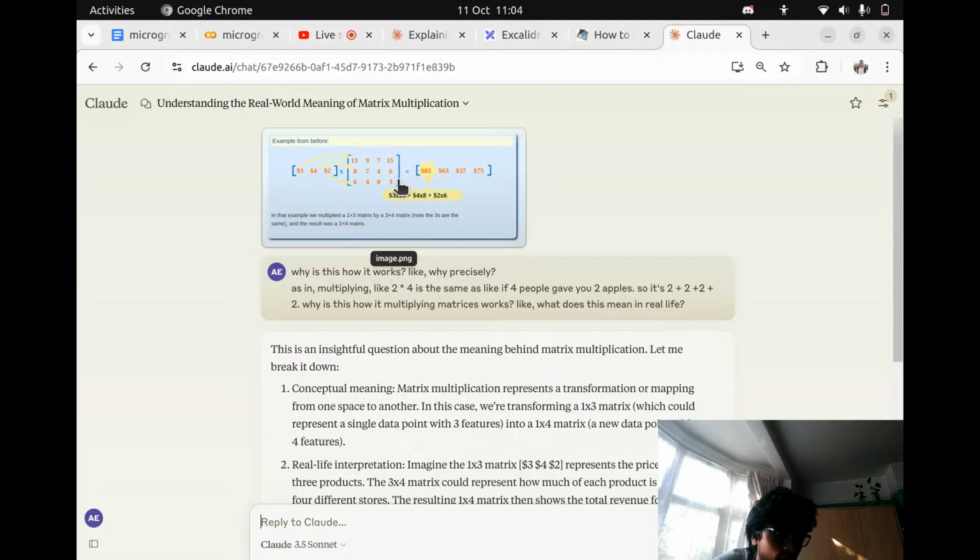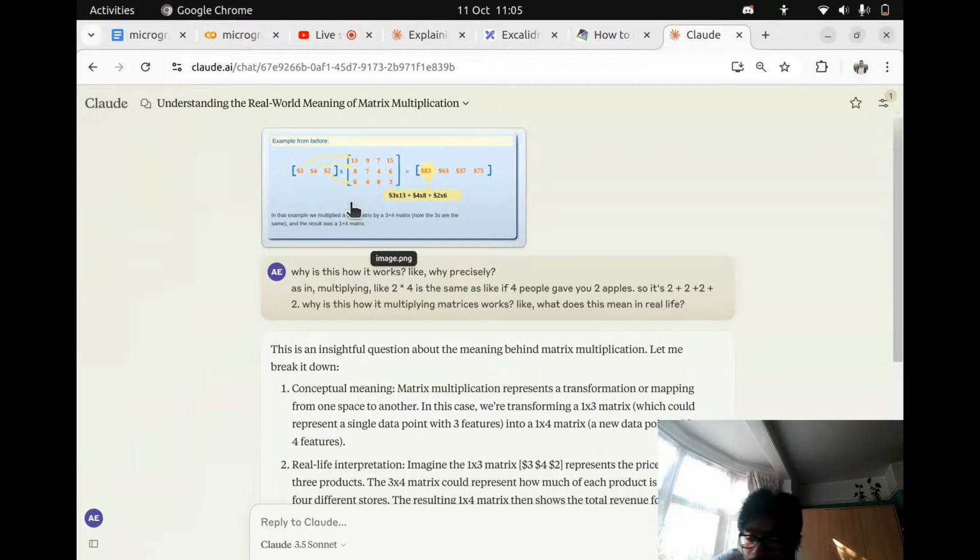So here we're displaying how much of the product each store has, and then now we're using a price to work out how much each store makes in total from those products.